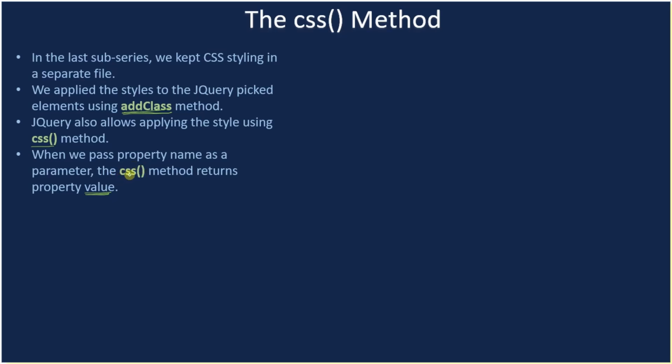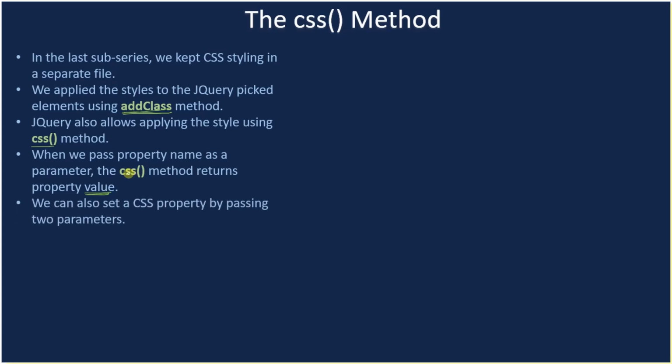Or using any other technique, if you pick the JavaScript object, then you can make a call to the CSS method, and to this CSS method you can pass any CSS style. Here we are taking an example of border width, and when you pass border width, it will return the current width for the specific element on which you are calling this CSS method.